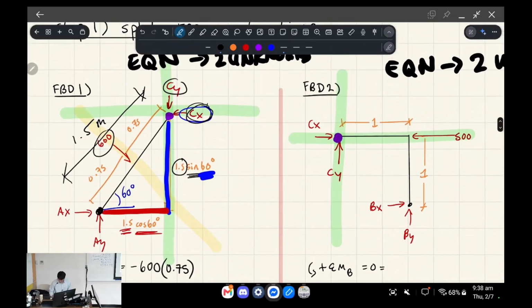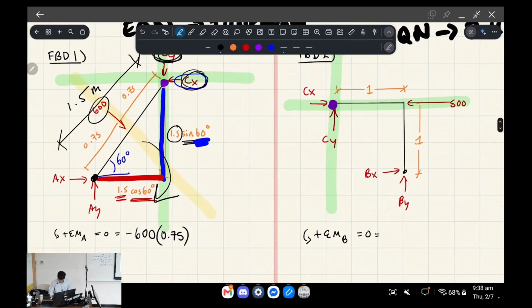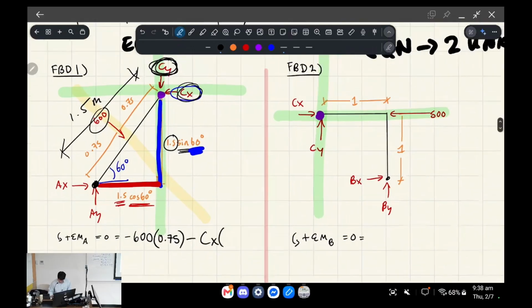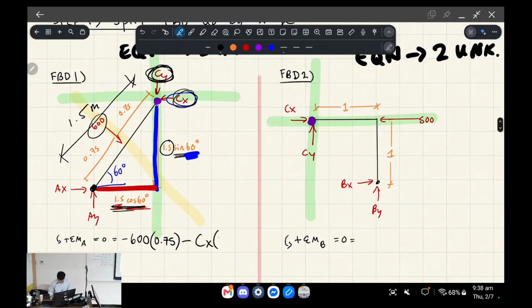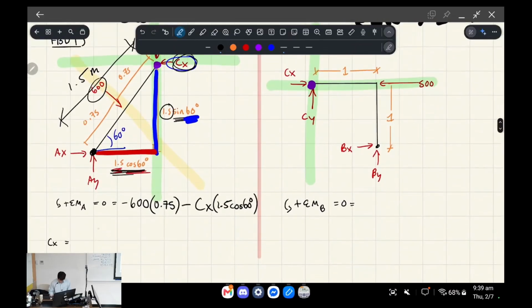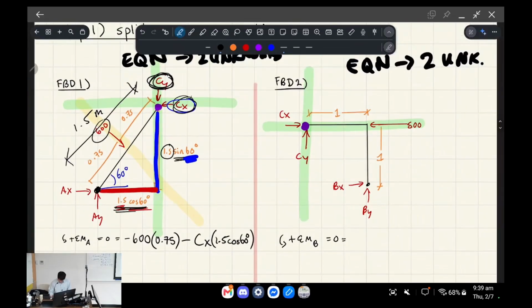Next let's do CY. CY is also going clockwise, so we go negative, and the lever arm is 1.5 cosine 60 degrees. The next one, CX, is actually going counterclockwise, and so we're going to add it.